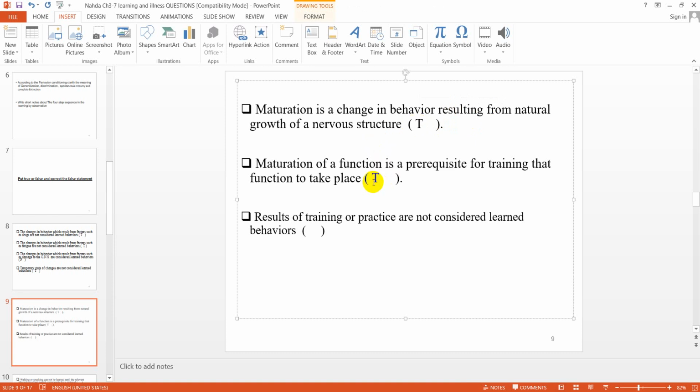Results of training or practice are not considered learned behavior. Are not considered? No, it is considered learned behavior. Any results of training and practice are considered learned behaviors.